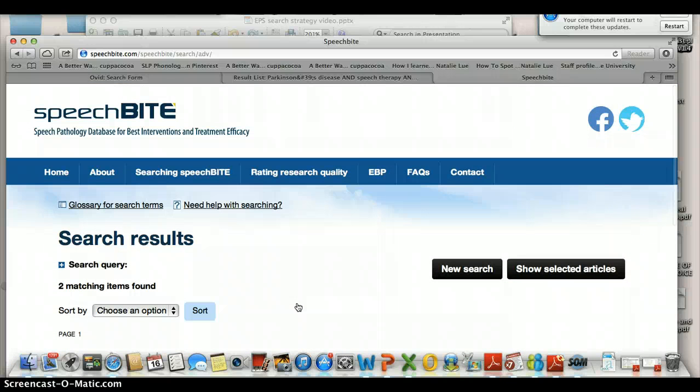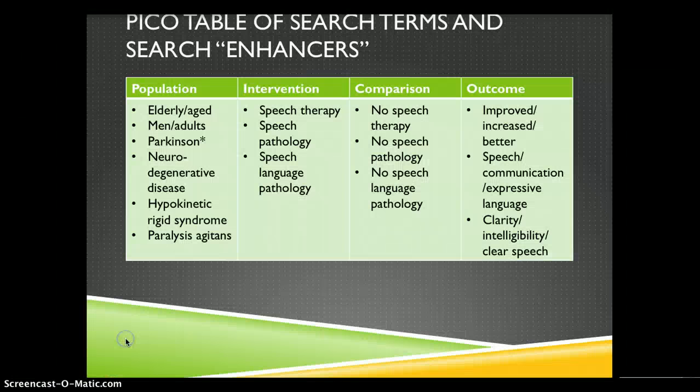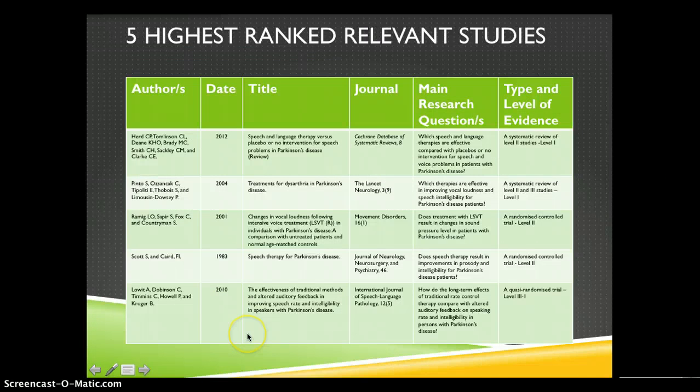So when I had a look at these papers and ranked them, the best papers that I found were these here. So the first one was a systematic review of level 2 studies.